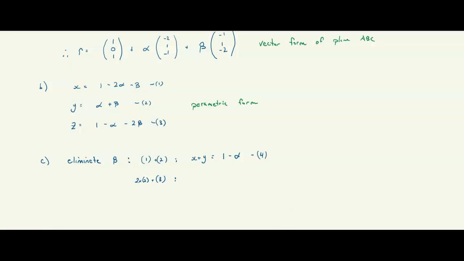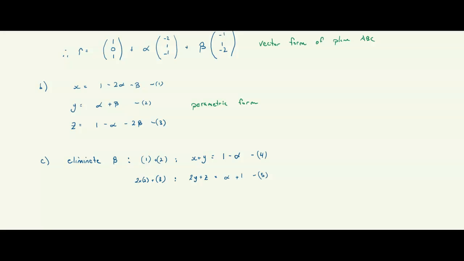So we will end up with 2y plus z on the left-hand side. Right-hand side, multiplying by 2, I've got 2 alpha. My 2 beta is going to cancel, so I've got 2 alpha minus alpha, so that's just alpha plus 1. So I call that equation 5.